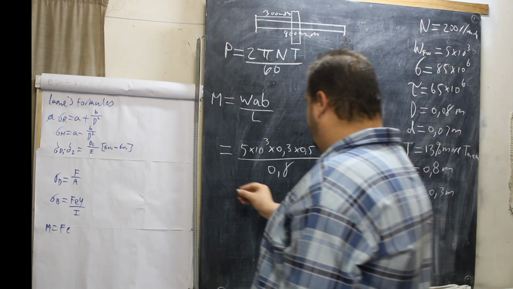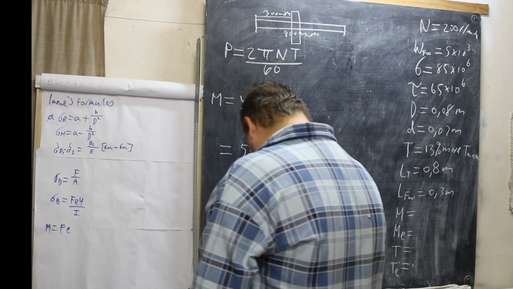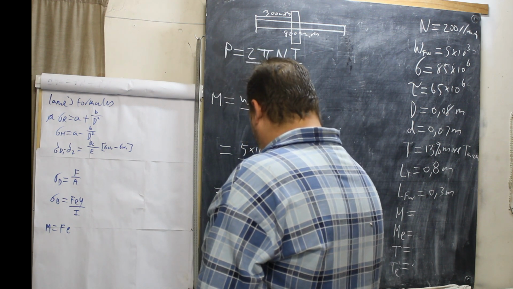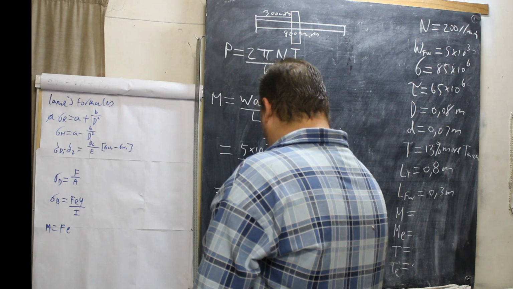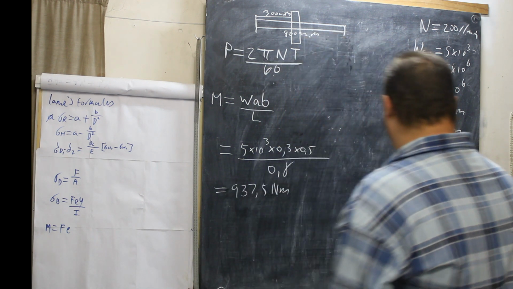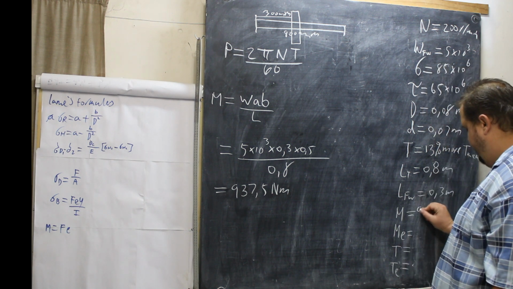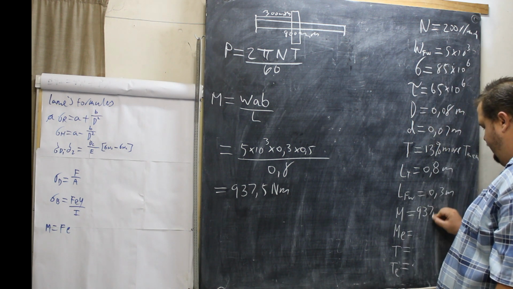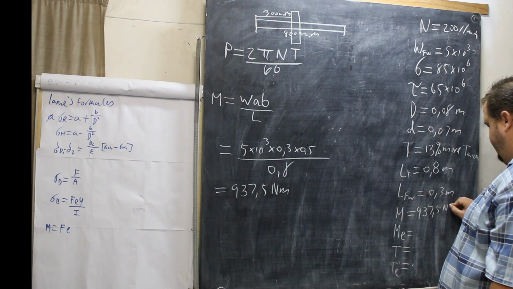Right. So our answer for M is 937,5 Newton meters.